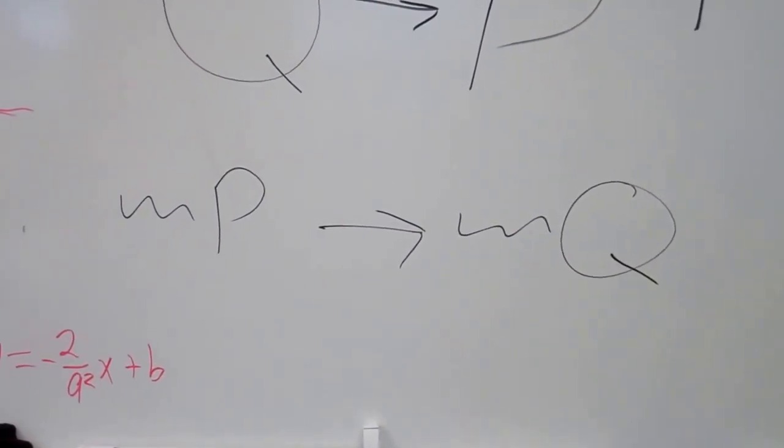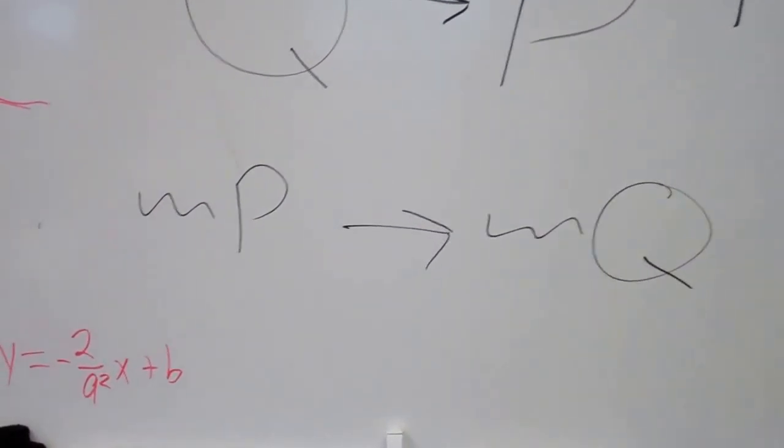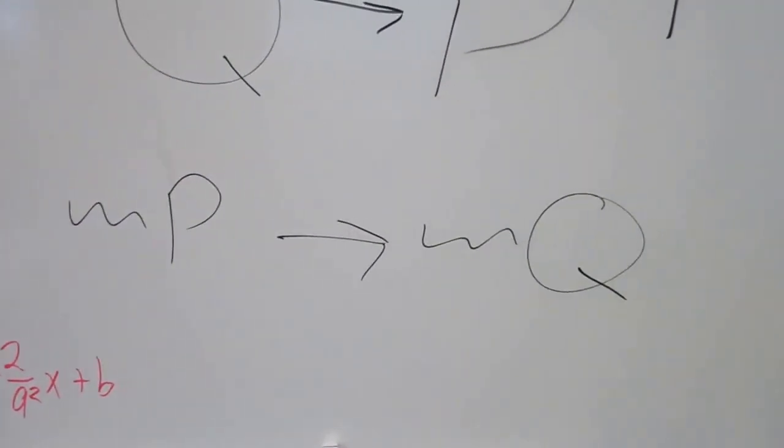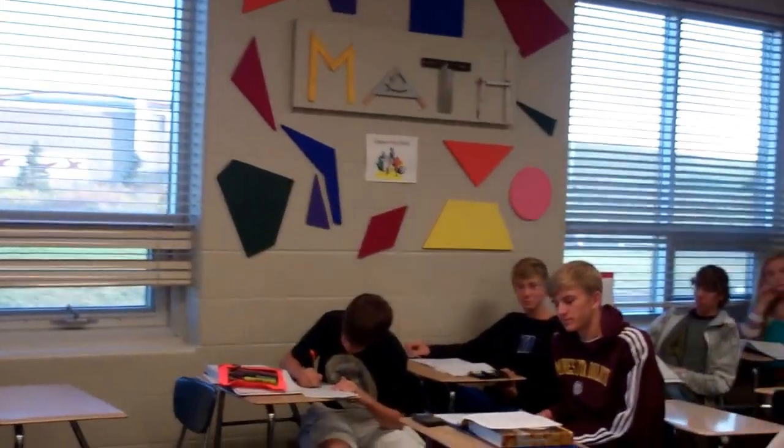Squiggle P means not P. So this says, if not P, then not Q. Cole, do you feel like said that way, is it true? Yeah. He still thinks it's true.